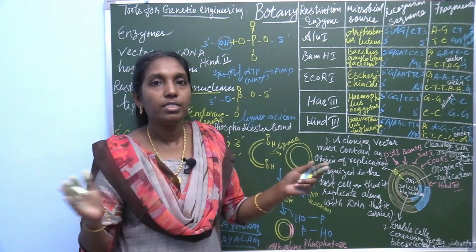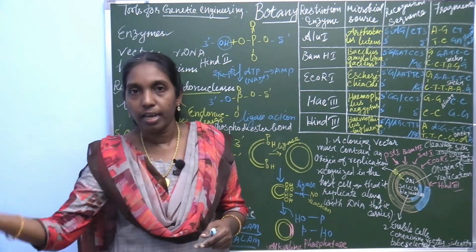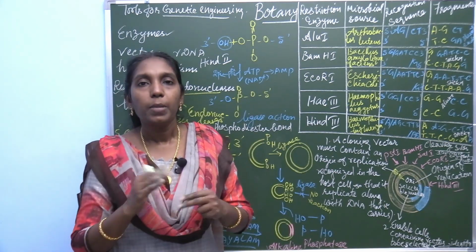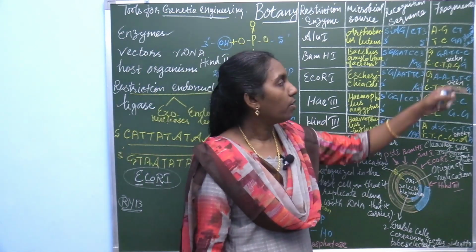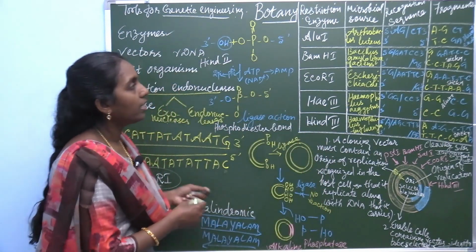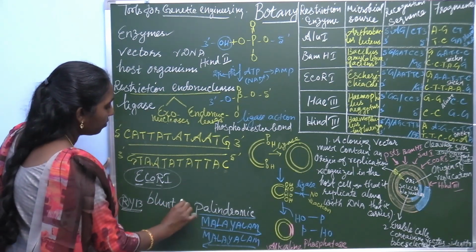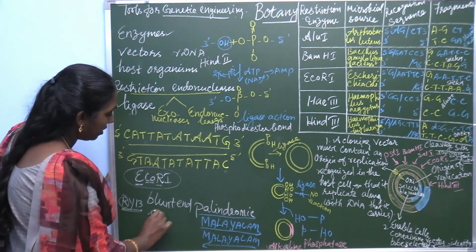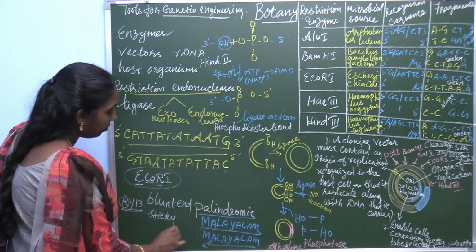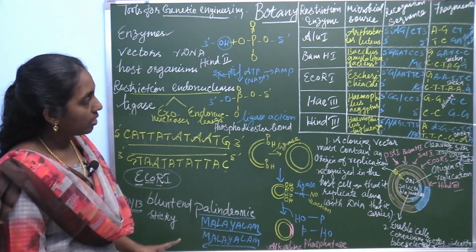According to the cleavage nature, depending on whether it cleaves at the end or in the center of the recognition site, it can be divided into two types: blunt end or sticky end.